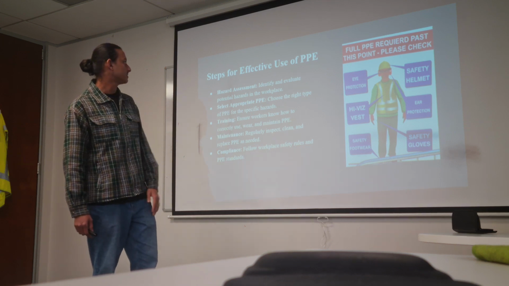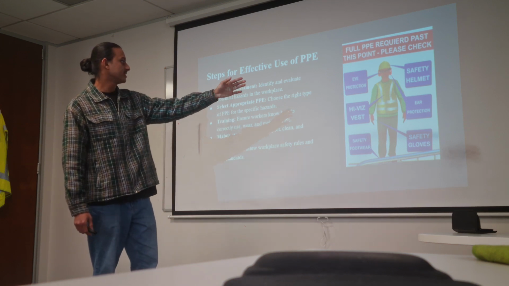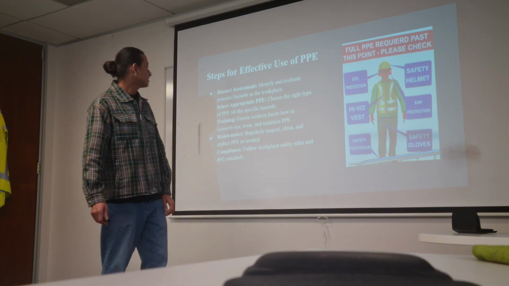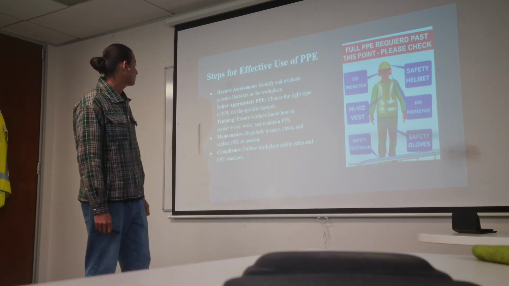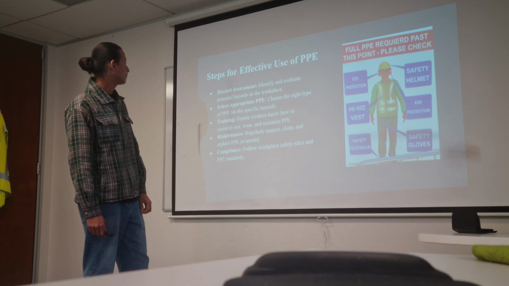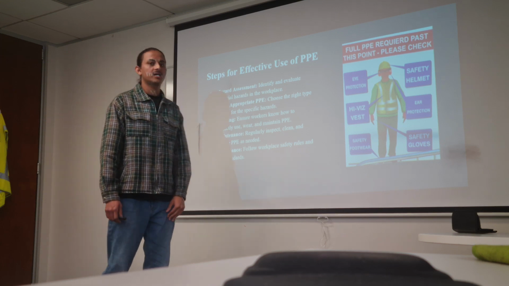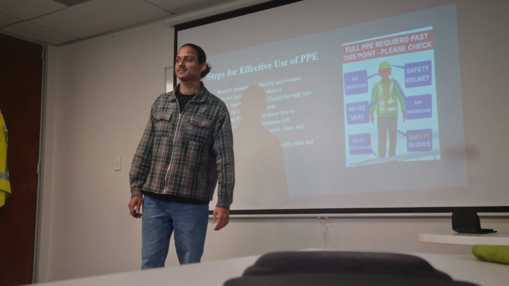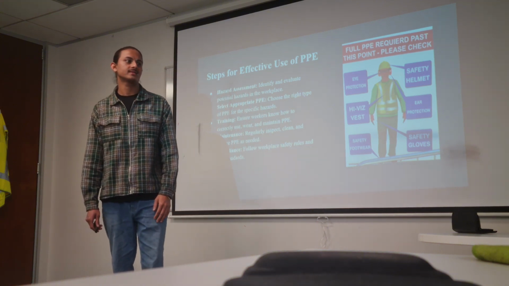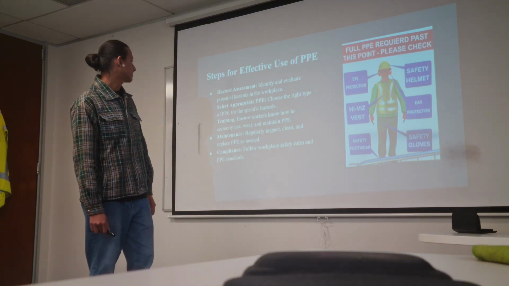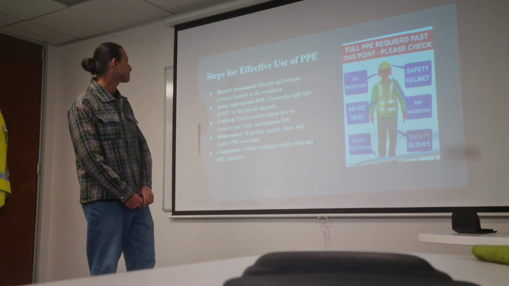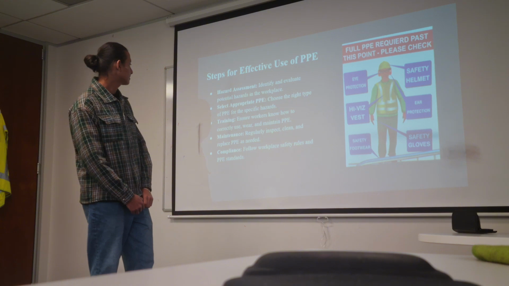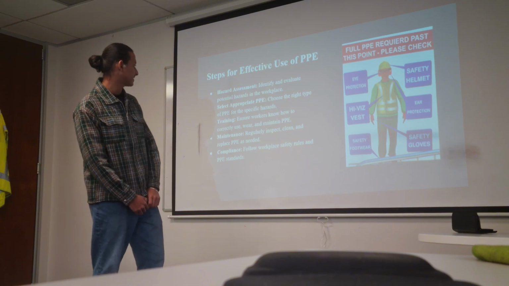Select proper PPE. As I have just told, these are the proper PPE to be followed. Training. Ensure workers know how to use, wear and maintain PPE correctly. Training should be provided, as we all get training in our workplace, as well as training to ensure proper PPE use. Maintenance. Regular inspection, clean and replace PPE as needed.